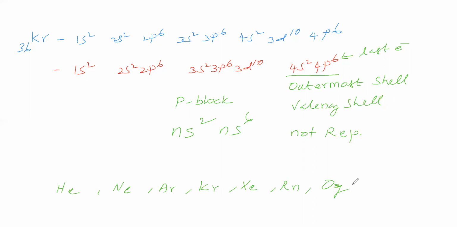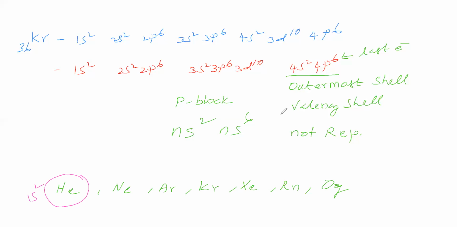For this group, the general valence shell configuration is ns2 np6. The exception is helium, whose configuration is 1s2. The remaining elements have the configuration ns2 np6.